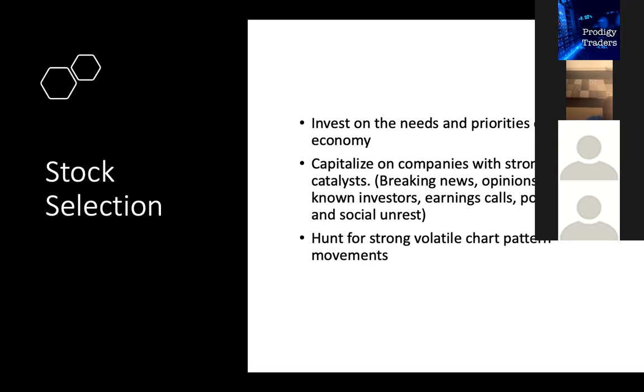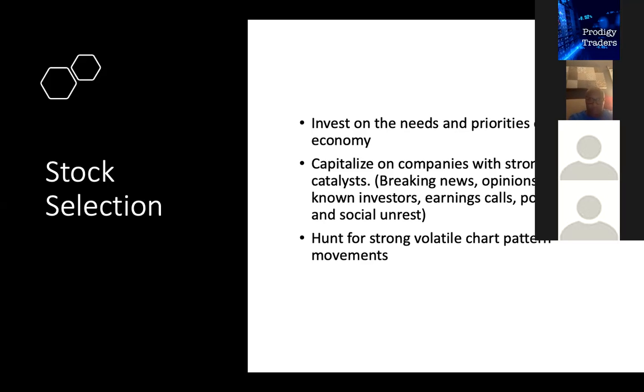Another catalyst is opinions of well-known traders. You'll see companies that have a price target increase, and basically a price target increase is when these well-known investment companies, filled with top, respected investors, say, I see this company reaching this level.